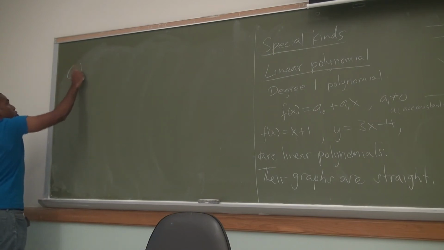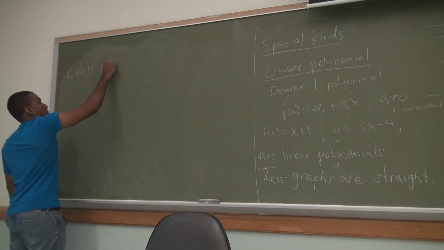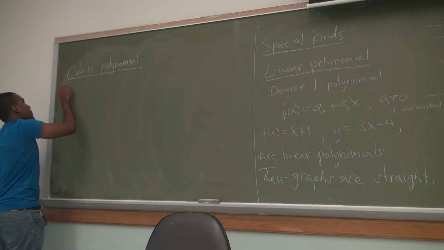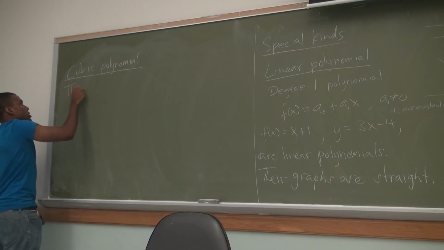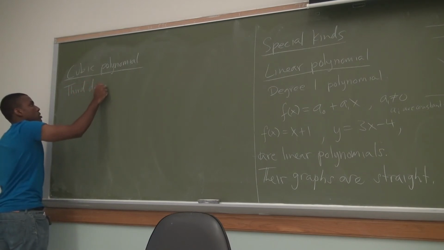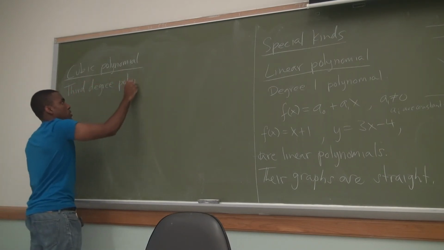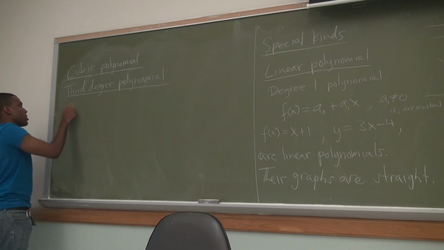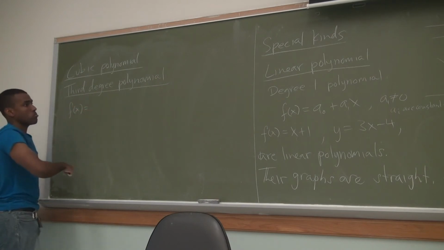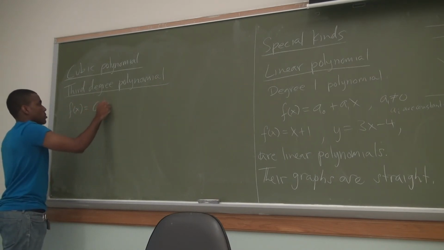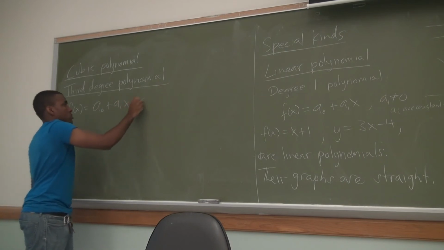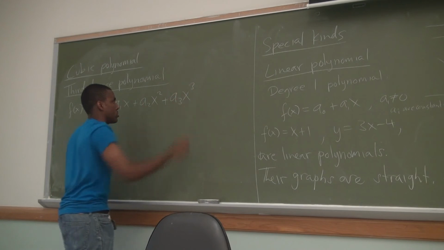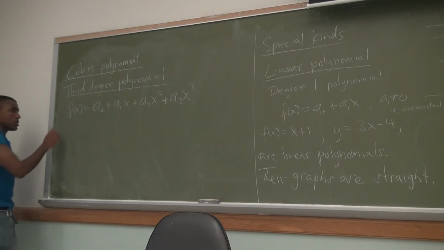Another important kind is cubic polynomial. This is a third degree polynomial. So this is what a cubic looks like.